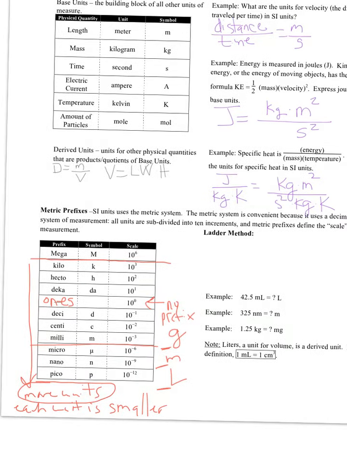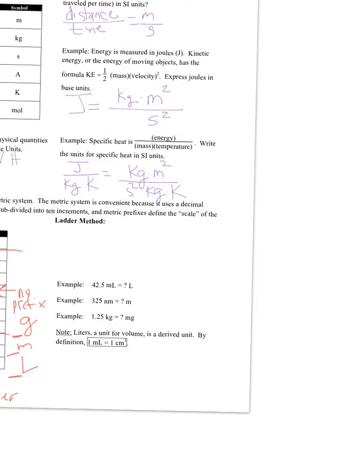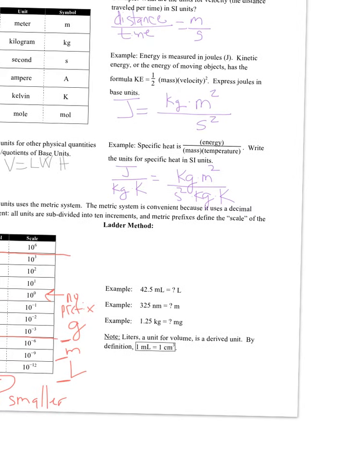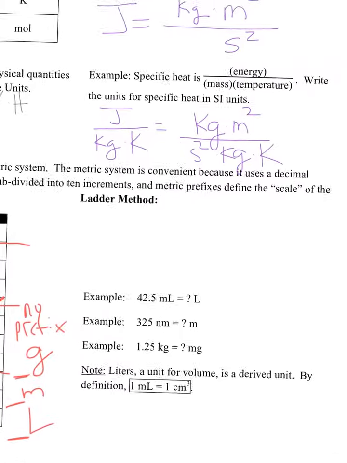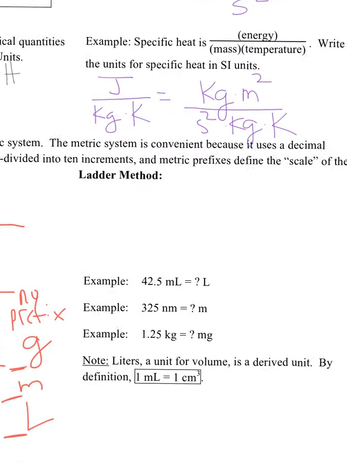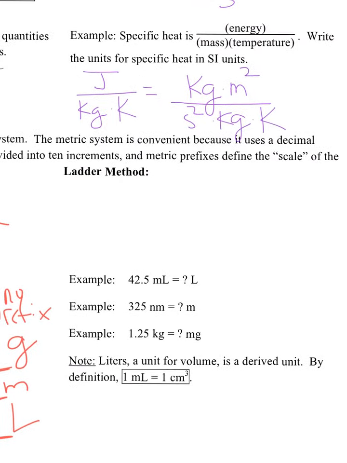Let's go over to the ladder method for metric conversions now. I'm going to, again, try to scroll in here so I can write at a decent size. The ladder method uses a mnemonic of letters for the scale of the metric system.